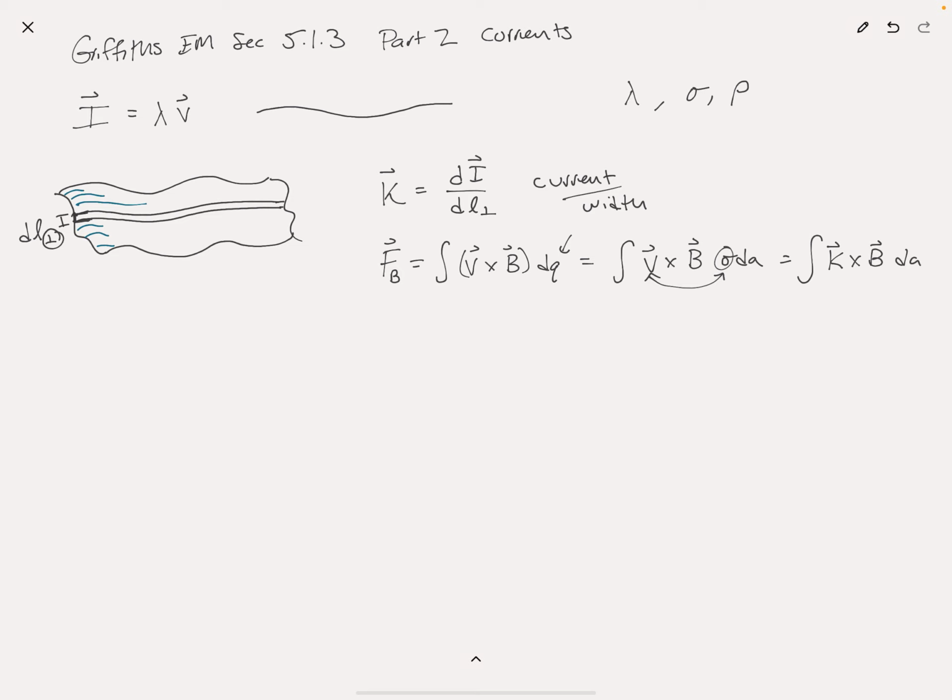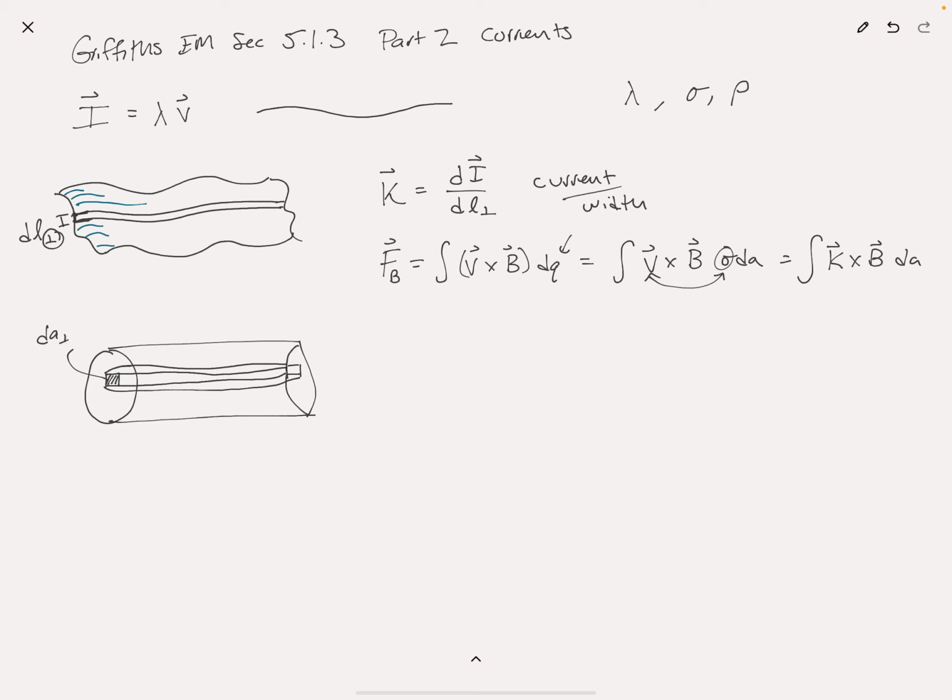We can also have a volume current density. Let's say we have some cylinder, and instead of looking at little ribbons inside, I will look at some rectangular chunk or cross section through it. That rectangular cross section has an area at the surface, dA perpendicular.